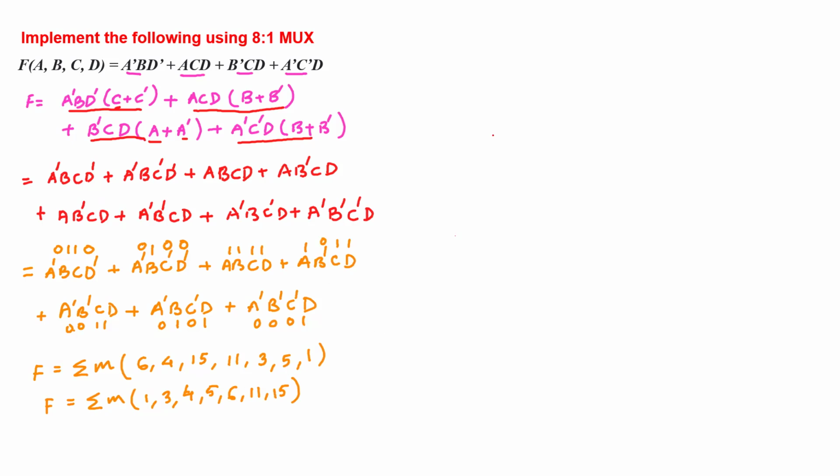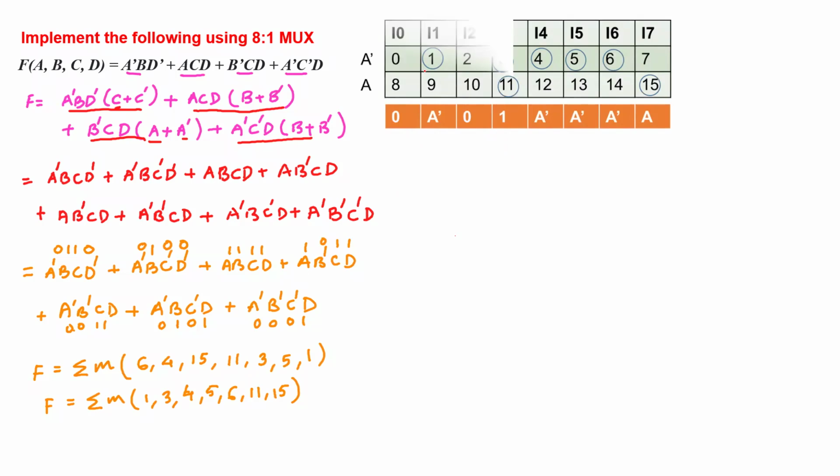What is the next task? It is to create an implementation table. Since we are using an 8:1 multiplexer, we have these 8 input data lines from I0 to I7.